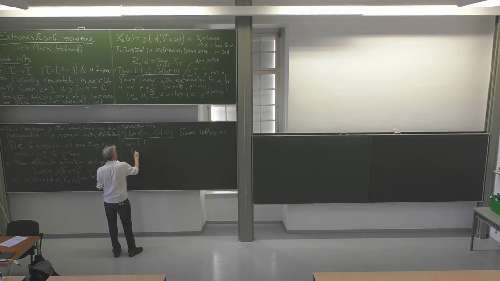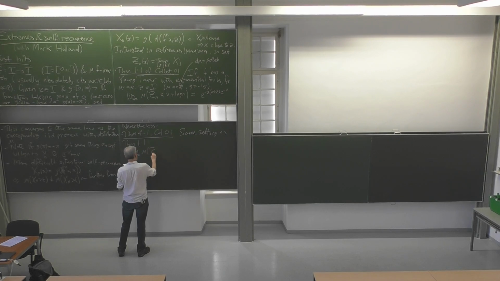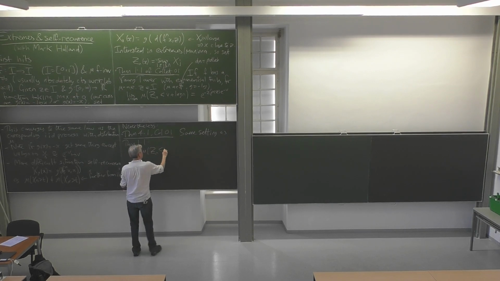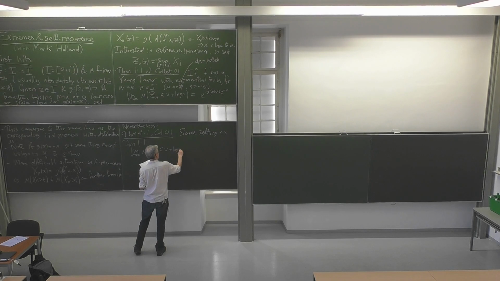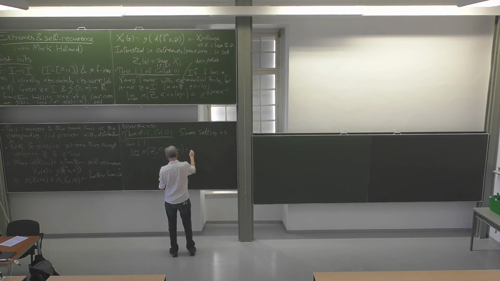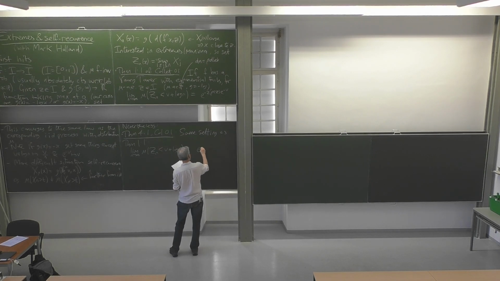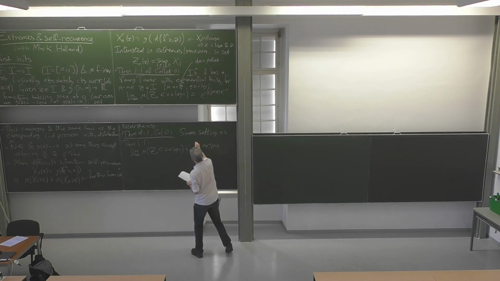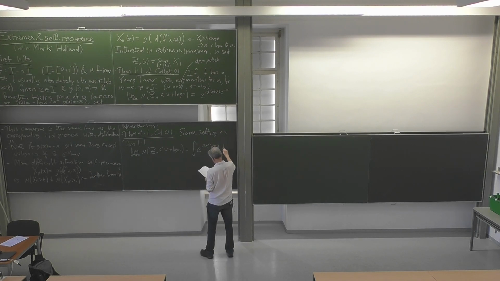So the limit as n tends to infinity of mu of Zn less than v plus log n, so the same normalizing constants, is equal to, well, previously we had e to the minus v rho, but it's not that, it's an integral of that, rho x.